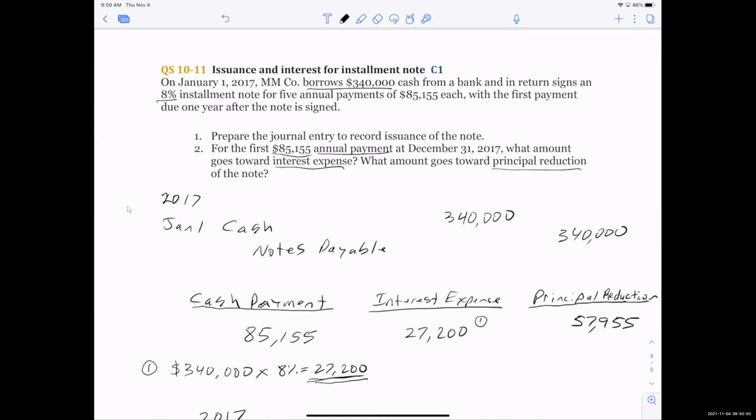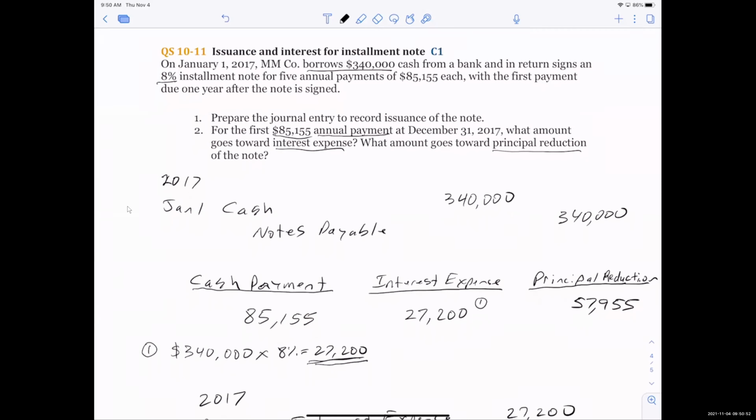It's a little bit different than a regular notes payable like we've been doing, where you pay back the principal and the interest at the end of the life. We call that the maturity date. In an installment note, each payment, part of your payment is going to go to interest and part of it is going to go to principal reduction. So let's go over it and I'll show you how it works.